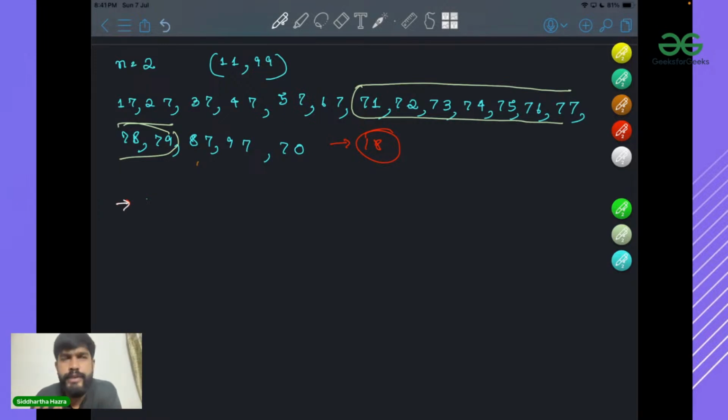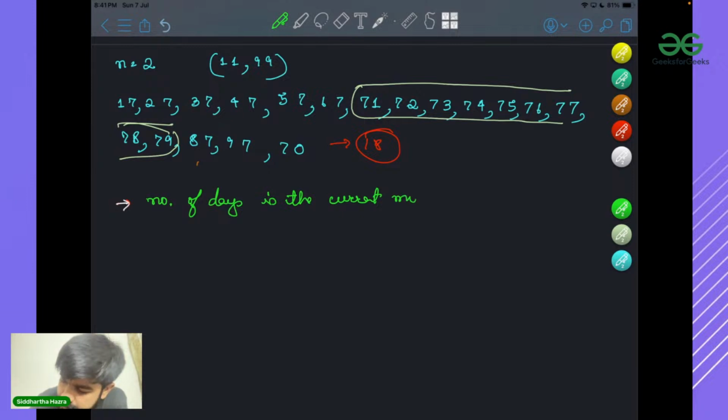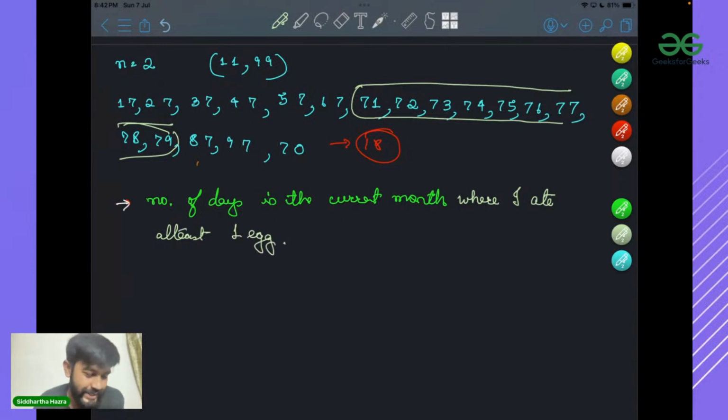One day my mother got frustrated, and she told me, tell me the number of days in this current month where you ate at least one egg.